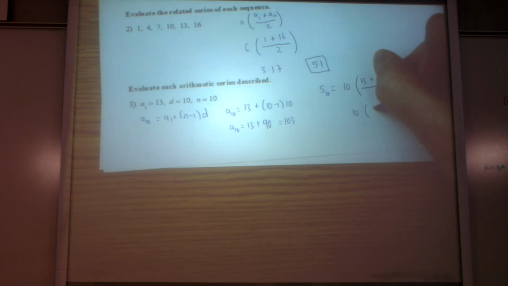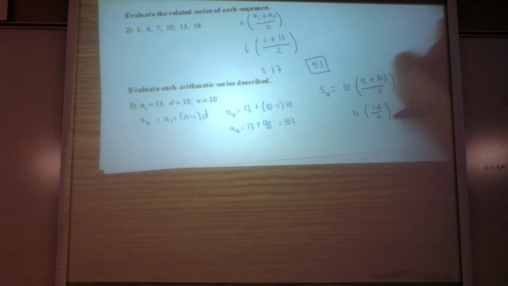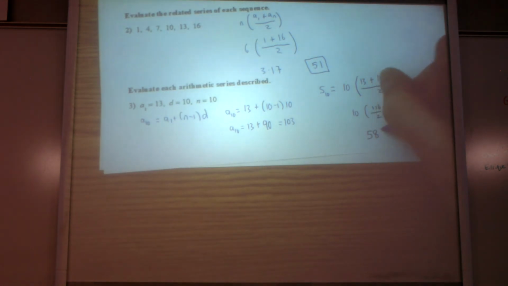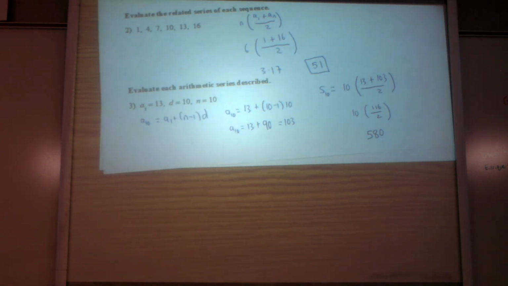That's 116, I believe. And then I'm just going to put that in my calculator. I was going to try to do it in my head, but I'm afraid I'd make a mistake. So put it in my calculator, and I get 580. Awesome.